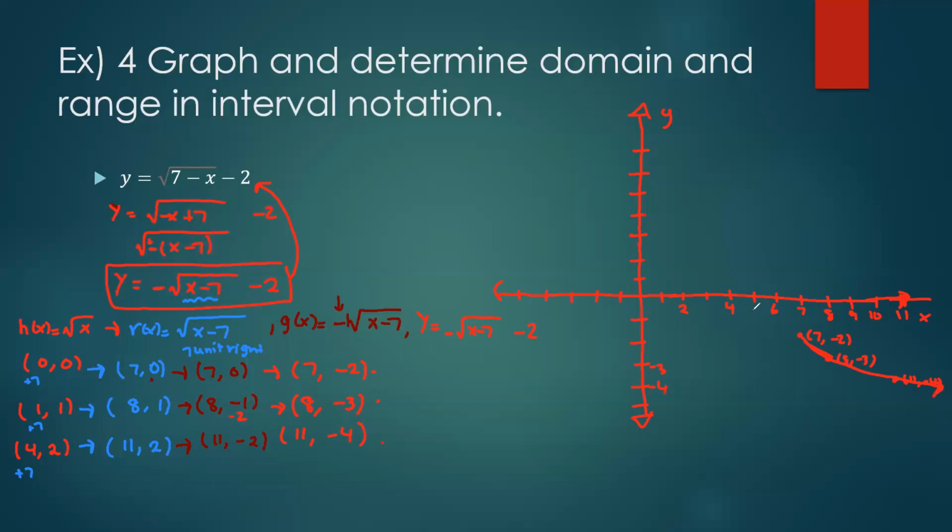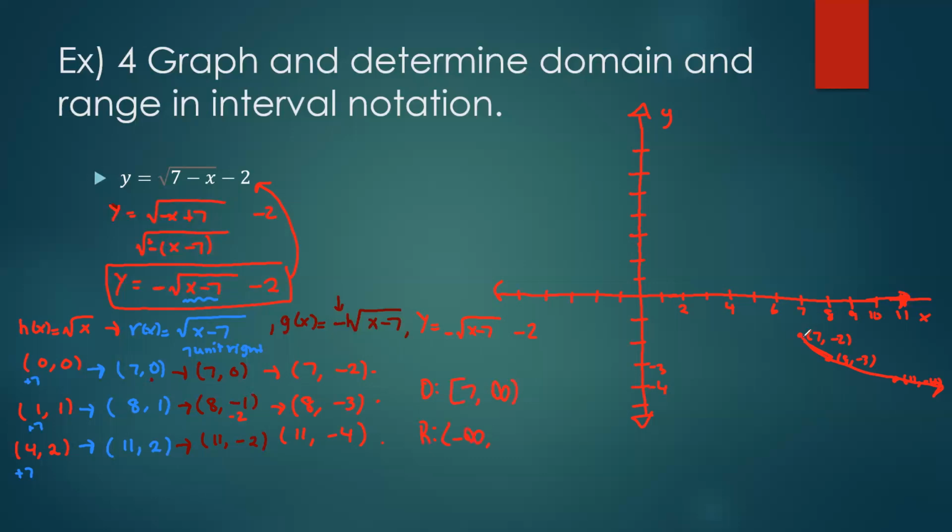So based on this graph, could you tell me the domain? The smallest x value, I believe it's going to be at 7 because that's our starting point. So it's going to be bracket 7 to infinity, parentheses. And then the range, keep in mind, we go from smallest y value to largest. So because it shoots down, it keeps on going down. So our smallest y value is actually going to be -infinity.